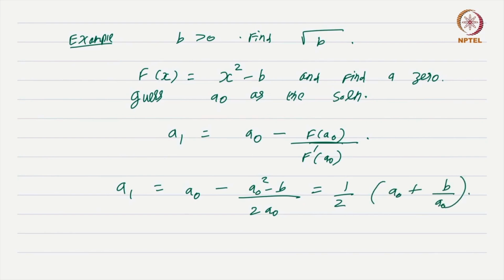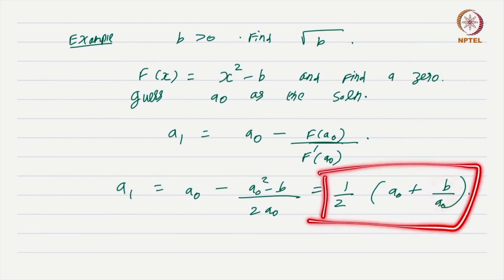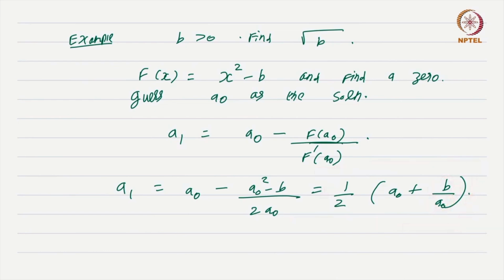So this is the divide and average method. Start with an initial guess, divide b by a naught and take the average, and this is the better guess.